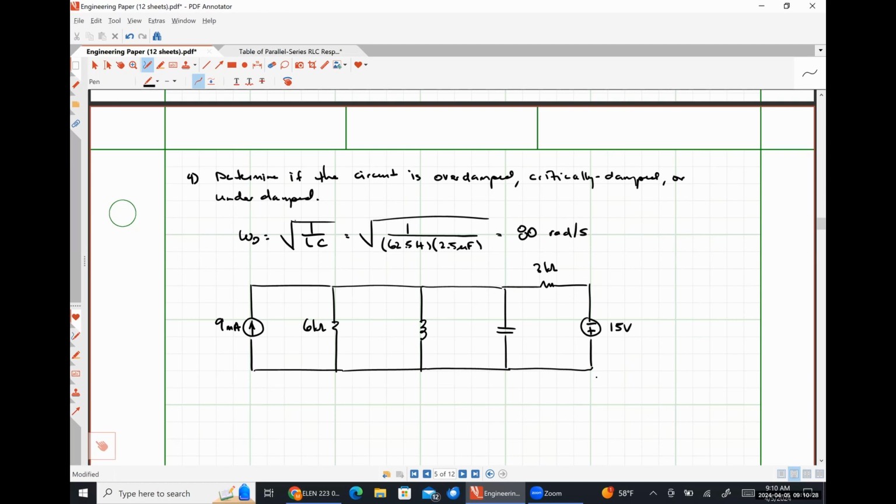So let's start by looking at a dead network. How do I turn off my 9 milliamp current source? Open circuit. How do I turn off my 15-volt source? Short circuit. Now I'm going to remove my energy storage elements. And so what do I see?